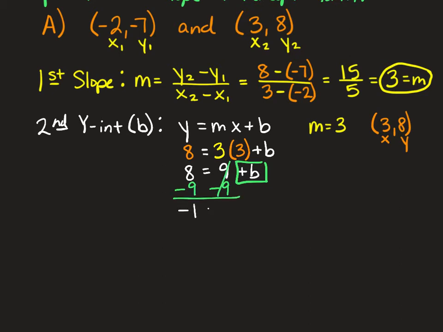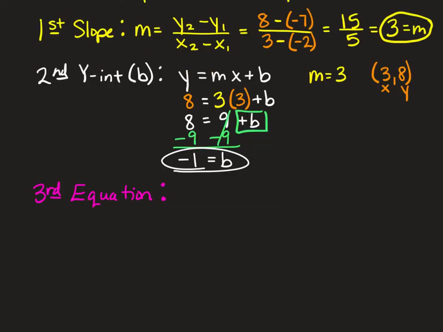I get -1 equal b. So we've got our slope, we've got our y-intercept. Our third and final step is just to write our equation. We're just plugging in this form of y = mx + b, where we know m is 3 and b is -1, and we are finished.